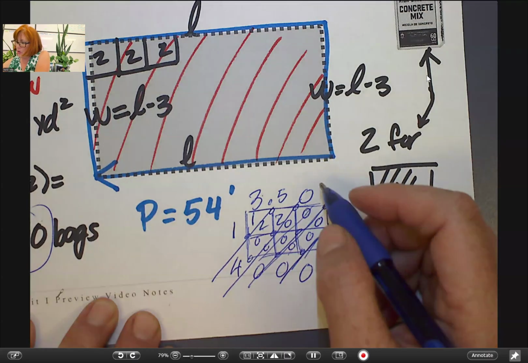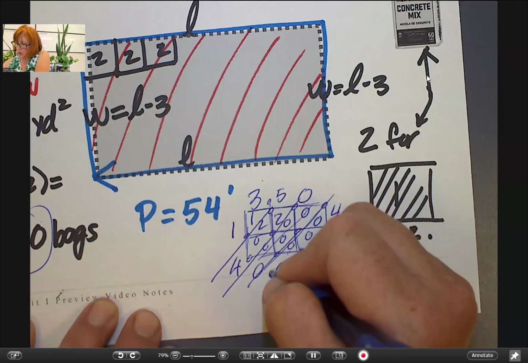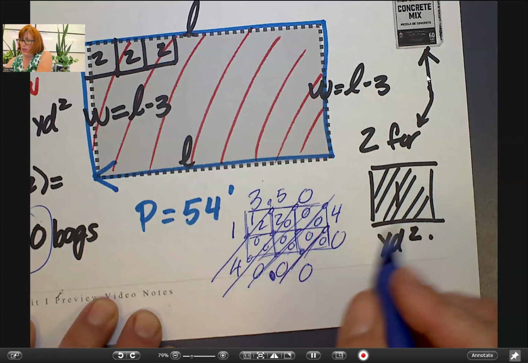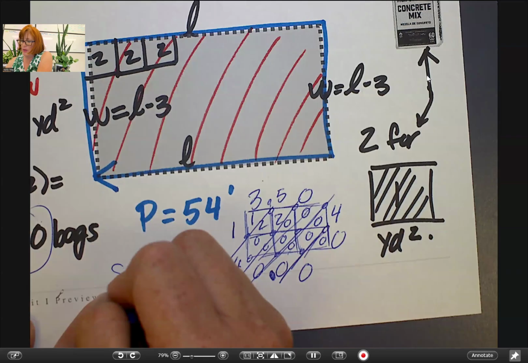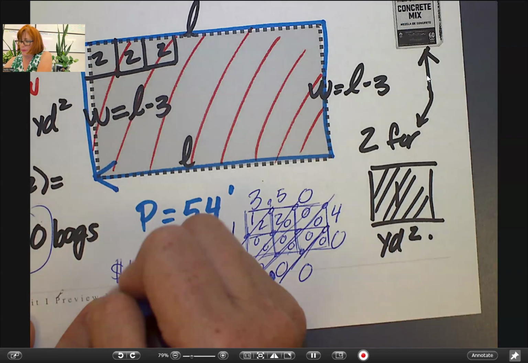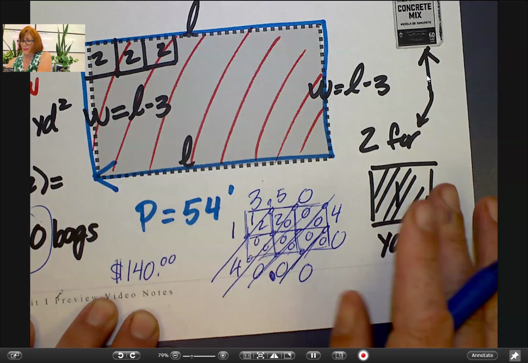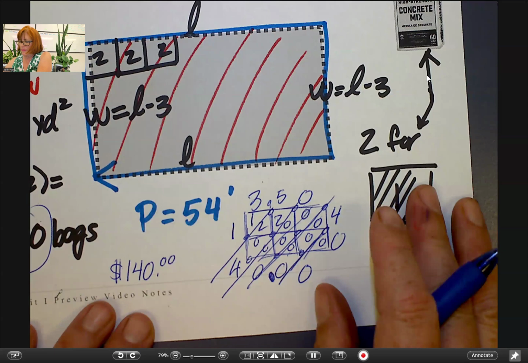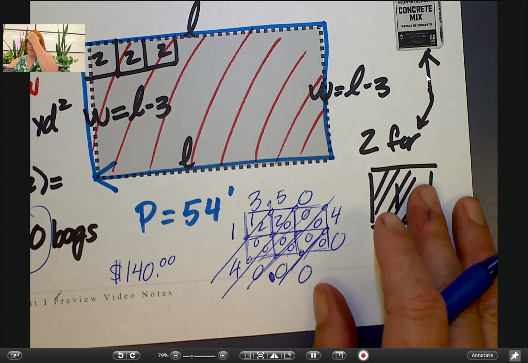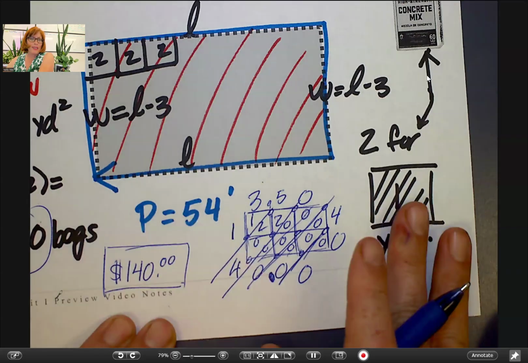And there's no other decimal, so we're just going to go straight down. We get $140. Nice job.